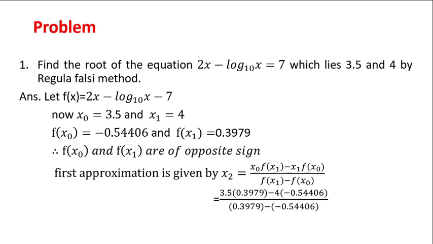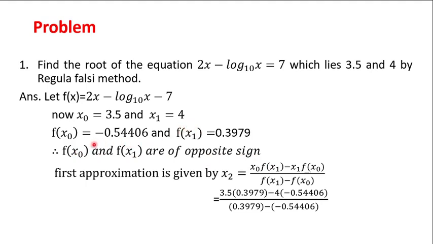And again press calc, then x1 value is 4, equals, we get 0.3979. Here f of x0 is the negative value and f of x1 is the positive value. That implies f of x0 and f of x1 are of opposite sign.